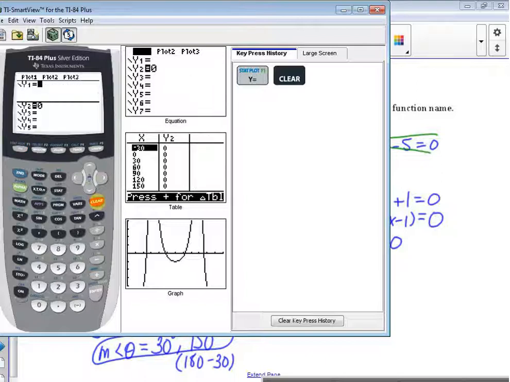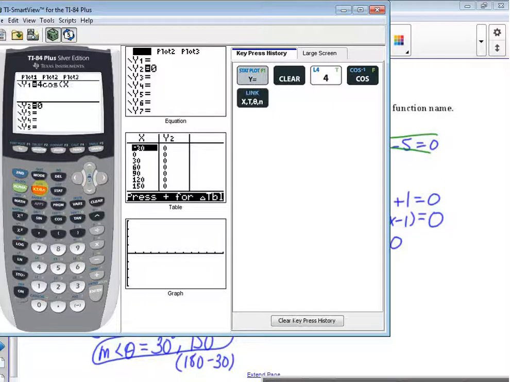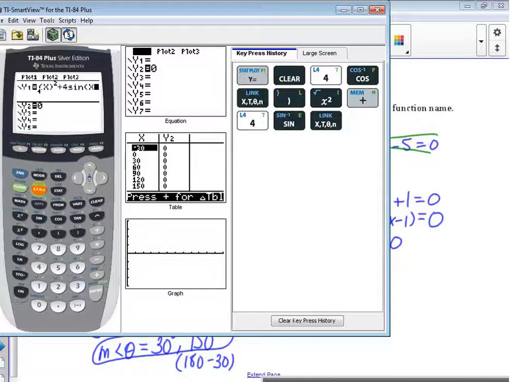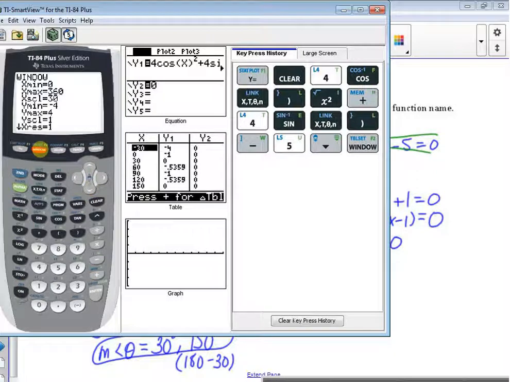So we'll clear this one out, and it is 4 cosine squared x plus 4 sine x minus 5, and y2 equals 0 is fine. Let me check my window.